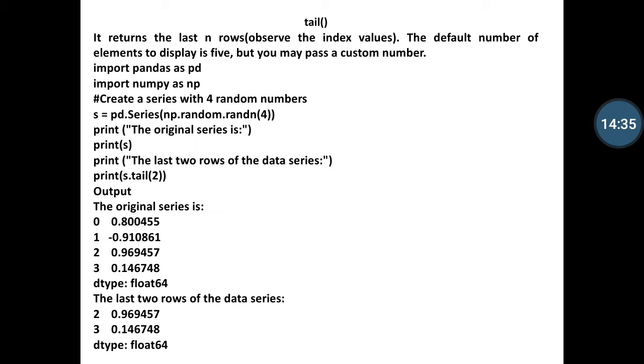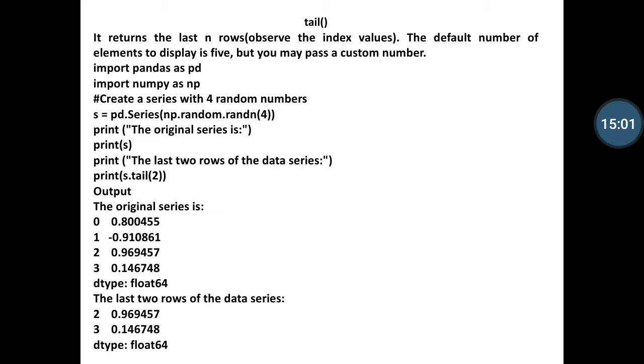Then I am defining the tail method. It returns the last number of rows. By default the number of elements to display is 5, but you may pass a custom number as defined for head. You can define it in the code as tail.